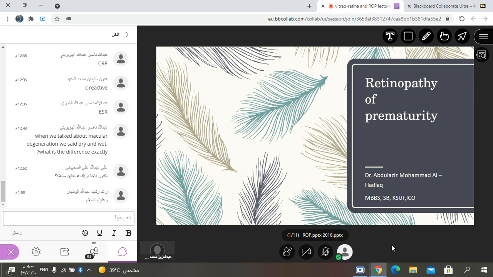Now the second talk will be about retinopathy of prematurity, which is a very important topic.